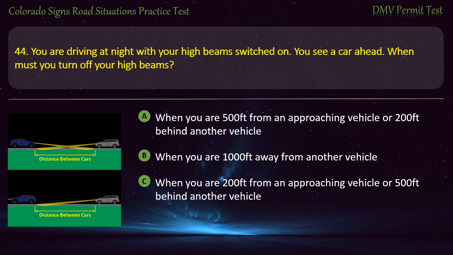When you are 200 feet from an approaching vehicle or 500 feet behind another vehicle. When you are 500 feet away from another vehicle. Answer. When you are 500 feet from an approaching vehicle or 200 feet behind another vehicle.